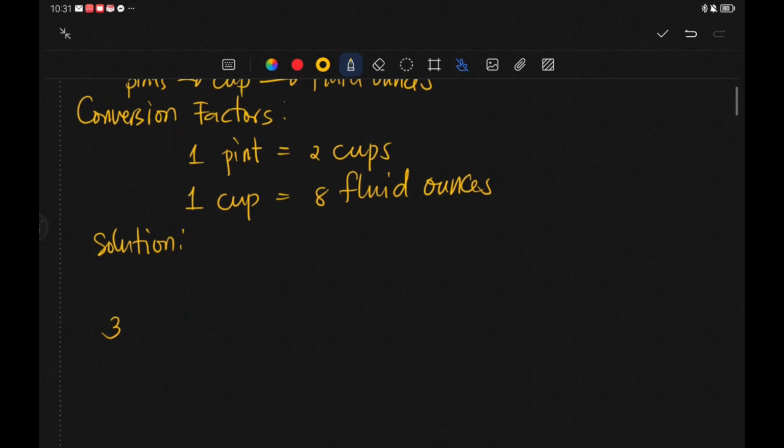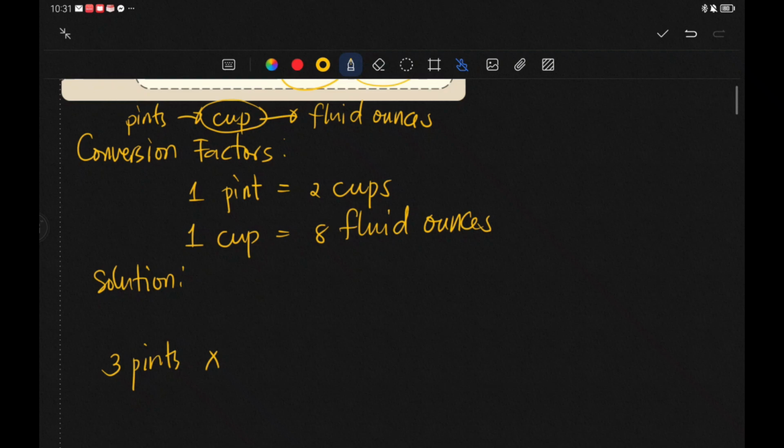3 pints times, again, from pints we are to convert that into cups, so we are using this first.